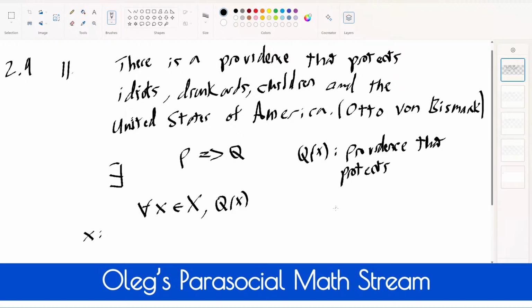And we're going to say X, this is big X. So we're going to say this: idiots, drunkards, okay. Idiots, drunkards, and children in the USA. And we're going to say this.